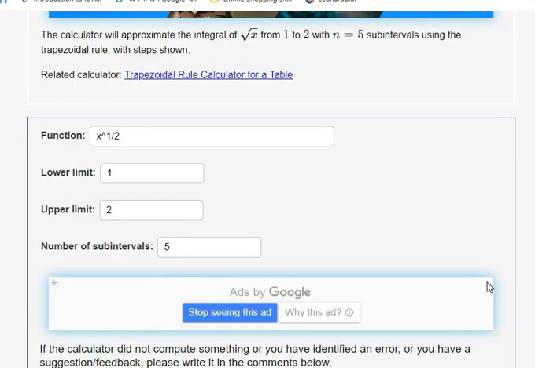Here we have taken the function under root x, x to the power half, within the limit of 1 to 2, and n is given as 5. So n is 5.